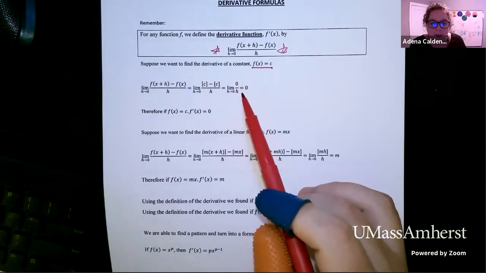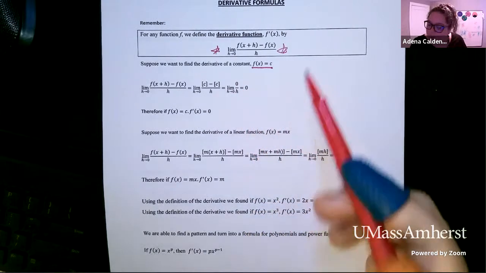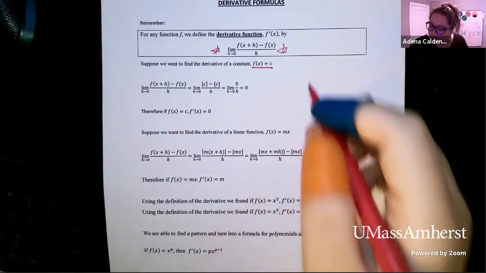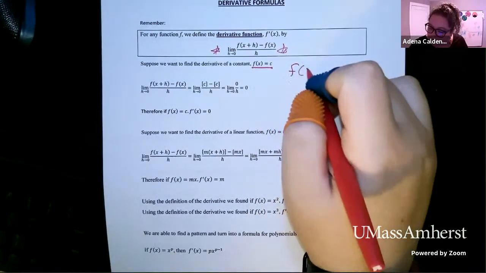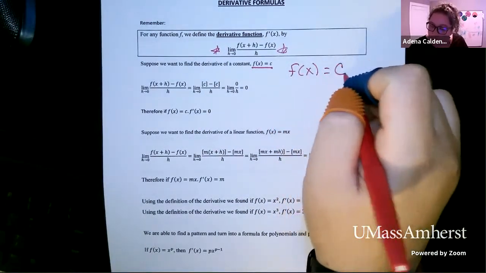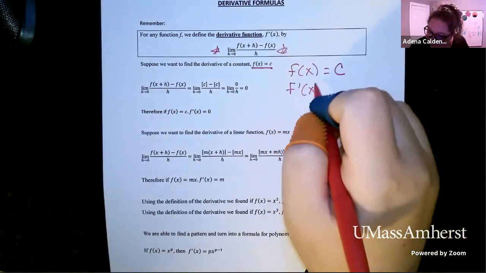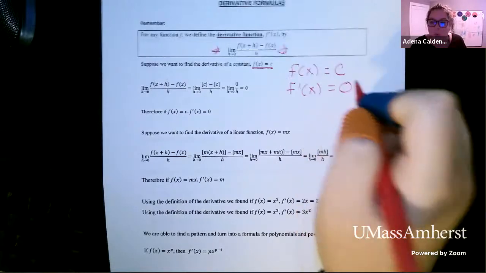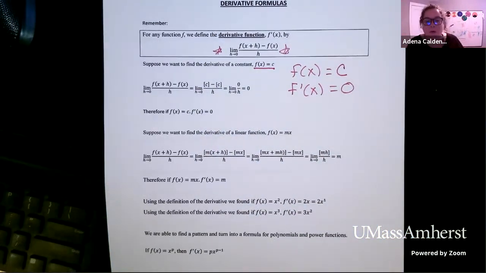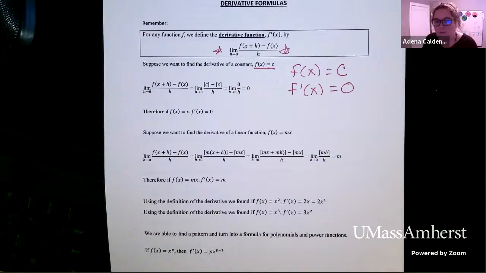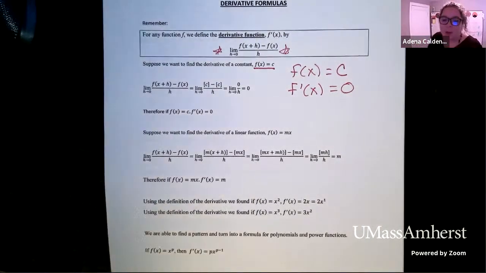We know 0 divided by anything is just 0. So what we find is this formula that if you have a function that is any constant, then the derivative is always 0. Okay? So if you have a number that's all by itself, the derivative of that number is always going to be 0.